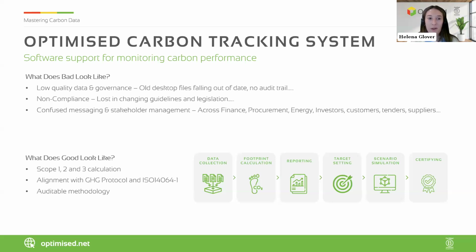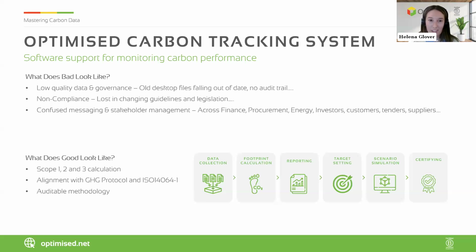At the same time, we do understand that selecting the right kind of carbon emissions data management software can be a really challenging and daunting task. But at Optimised, we undertook a partner tender and evaluated over 10 different software partners. And we ended up selecting the one that scored the highest in our evaluation and is also trusted by thousands of clients globally.